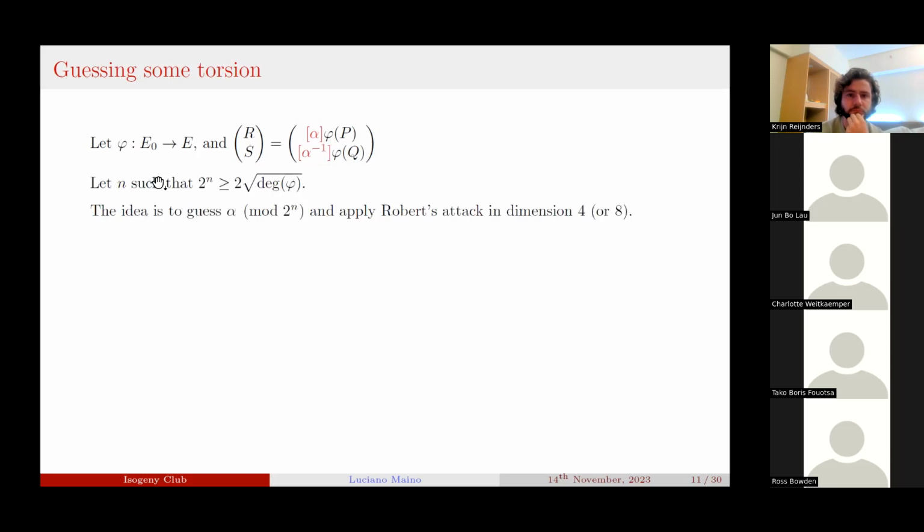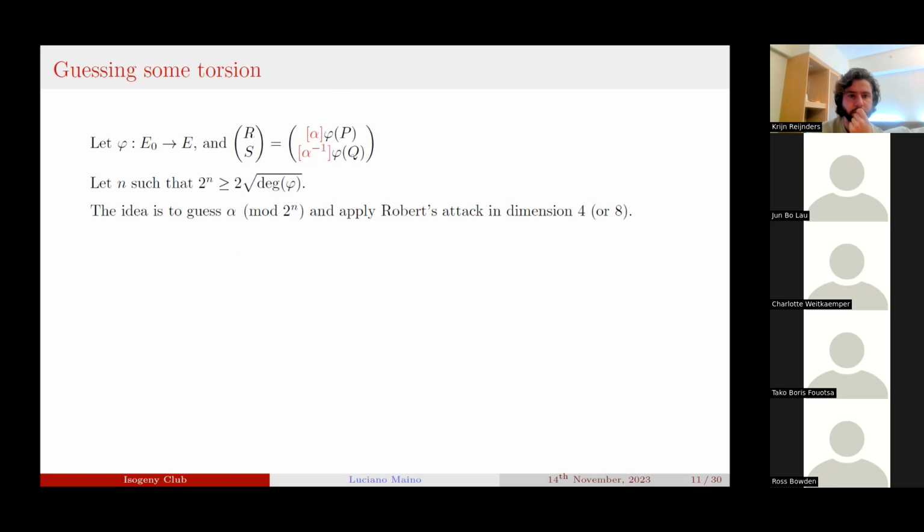So we let n be an integer such that 2 to the n is greater or equal than 2 square root of the degree of phi. Then the idea is, rather than guessing alpha, we just guess alpha modulo 2 to the n, and then we apply Robert's attack in dimension 4.